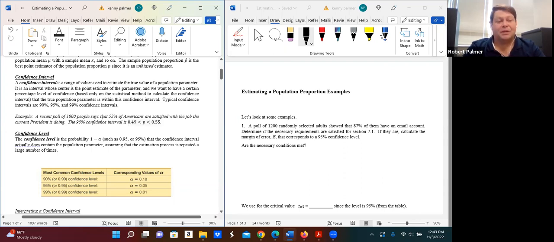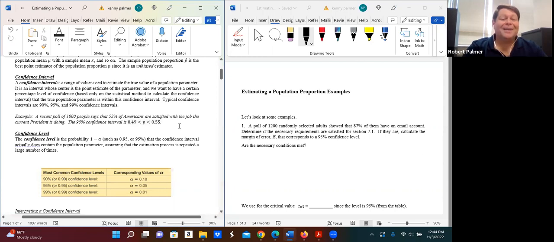Then the 95% confidence interval, in terms of decimals, has 0.52 right in the middle, and goes from 0.49 to 0.55. So what we're saying is, based just on statistical error, we're 95% confident that the real value is within 0.49 to 0.55, or basically 49% to 55% of Americans who are satisfied with the job the current president is doing, based on this example.